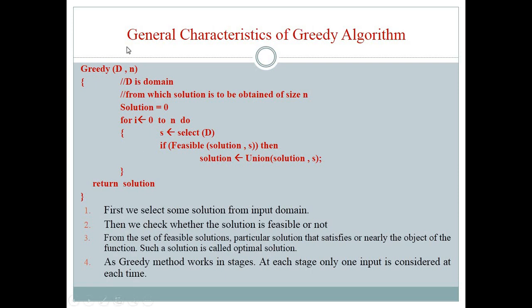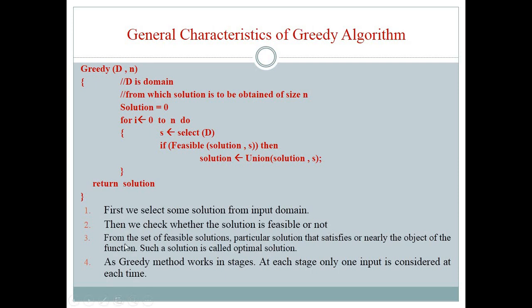video lectures. Now, what are the steps we have to follow for finding the greedy algorithm result? First, we select some solution from the input domain. After it, we check whether the solution is feasible or not. The solution must be feasible.